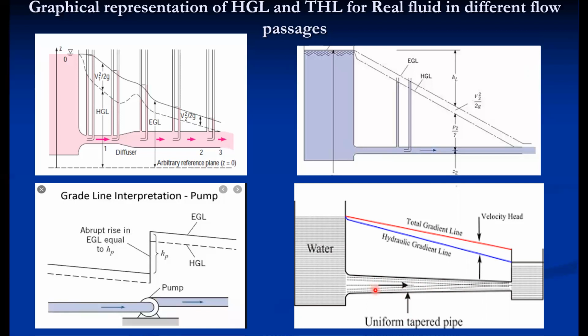So these are some graphical representations of HGL and TEL, or EGL, for various piping systems. There are more complicated systems too. But easily, based on measurements or your judgment, you can draw this graphical representation and recognize where the problems are, whether they are because of friction or because of conversion of energy.